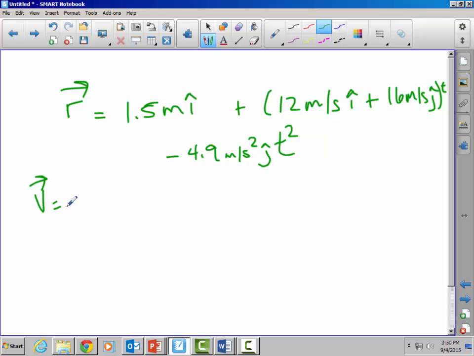So the x and y components of your velocity, let's deal with x first, are going to be found by taking the derivative of the x components here. So what do we have going on in the x direction in our original function? We have 1.5 meter I hat, and then we also have this 12 meters per second I hat times t.